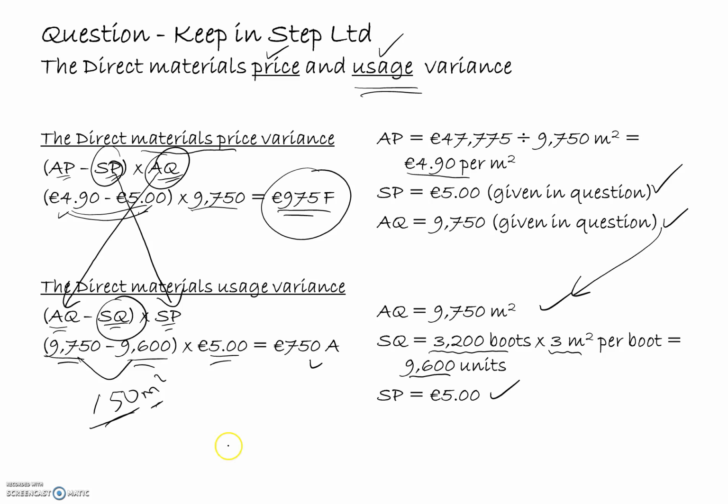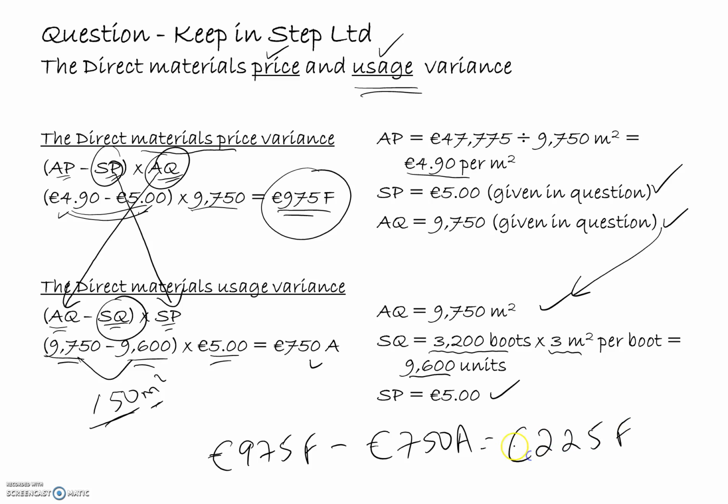Now let's just check this. We have 975 favorable, and I'll take away from that the 750 adverse, and what that gives me is 225 of a net favorable variance.